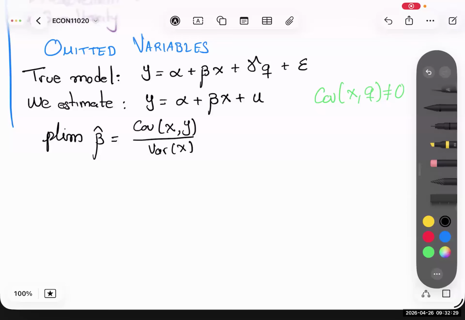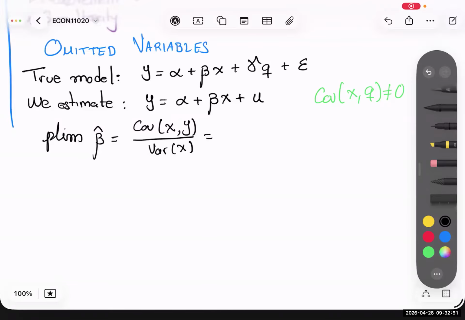So to evaluate this, we're going to compute the probability limit of beta hat, which is the estimate for the parameter beta. And what we know is that this probability limit is the ratio of the covariance of x and y and the variance of x.